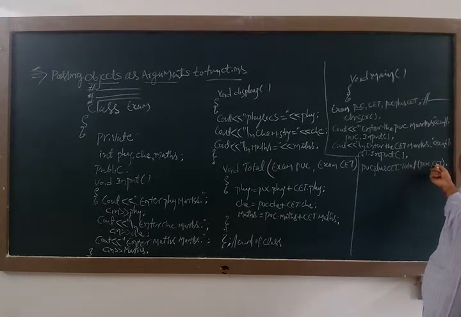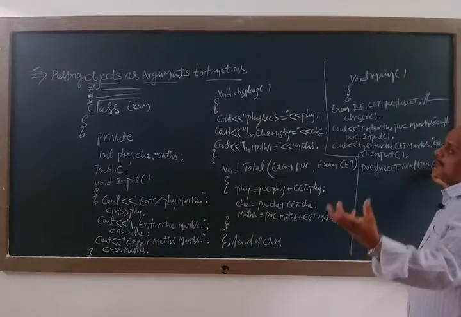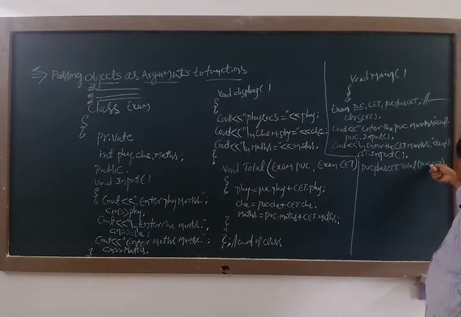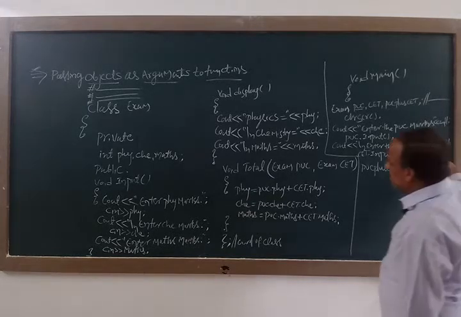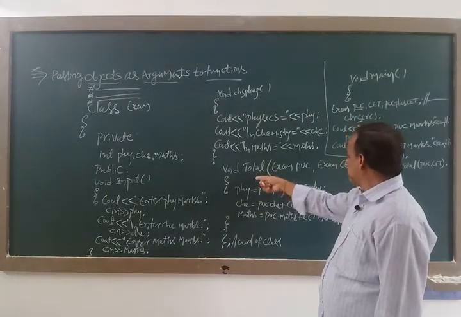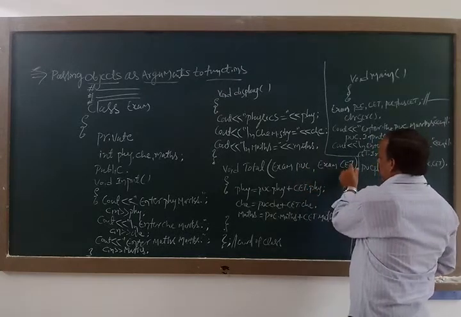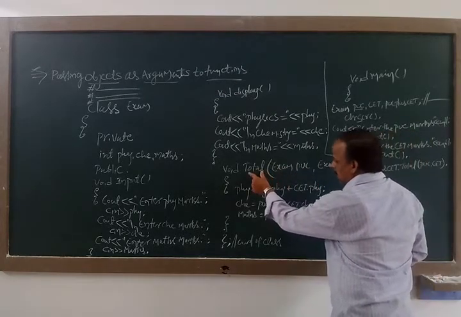This PUC comma CET are the objects, acting as passing objects as arguments to function. So this is calling function. When control comes here, control flows to this total function. So here PUC and CET act as arguments to function total.